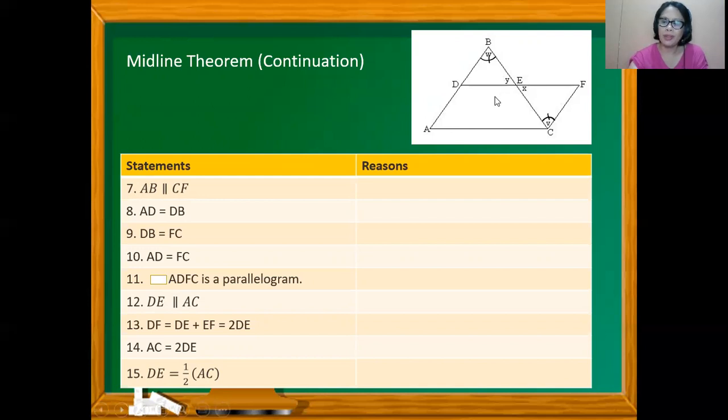Okay. Now, again, under the alternate interior angles theorem, if two lines form congruent alternate interior angles with a transversal, then the two lines are parallel. So I'm referring to AB and CF. So this is about alternate interior angles theorem.